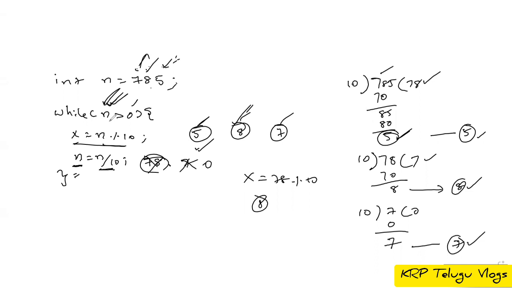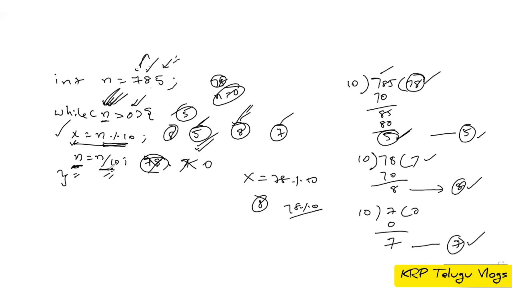So now 785 is there, correct? 785 is greater than 0, correct? So what is 785 modulus of 10? 5, sir. We store 5 separately, understood? So the remaining value we store in n. n is equal to n by 10. So what is n by 10? 78. So we have already extracted 5. Remaining value is 78. Again it goes to the loop. n is 78. 78 is greater than 0. Again x is equal to n mod 10. What is 78 modulus of 10? 8. So 8 you have extracted separately.